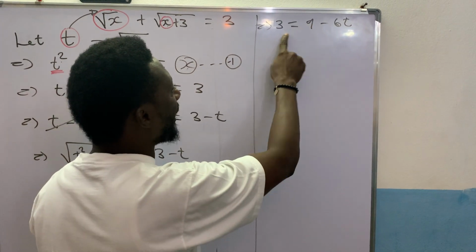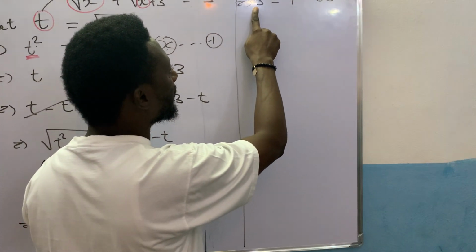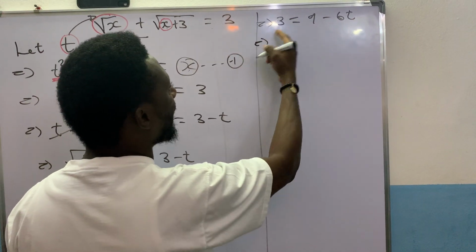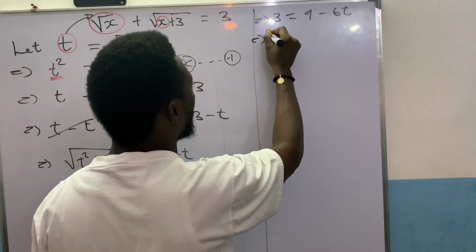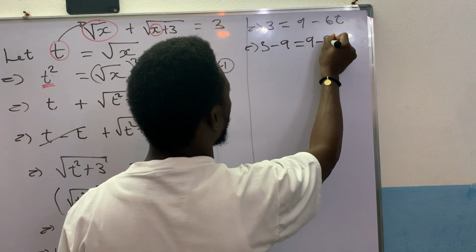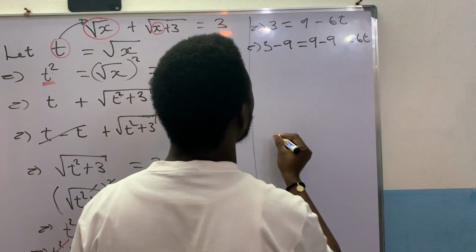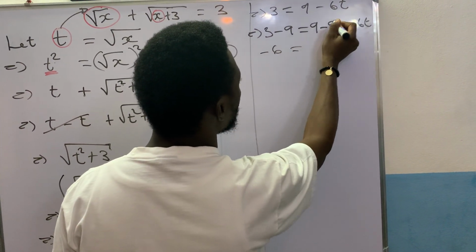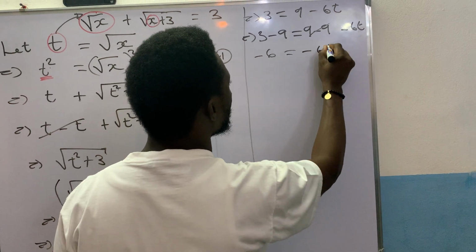I need to take this 9 and bring it this way, so that negative 6t will stay alone here. So I subtract 9 from both sides. I have 3 minus 9 is equal to 9 minus 9 minus 6t. So 3 minus 9 is negative 6, and 9 minus 9 cancels out, so we have negative 6t.